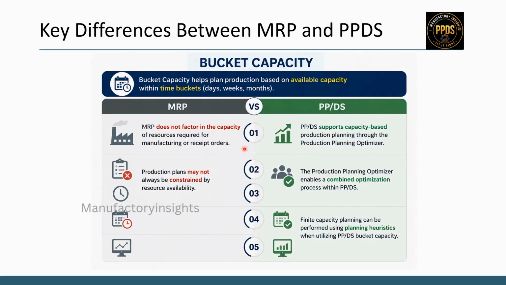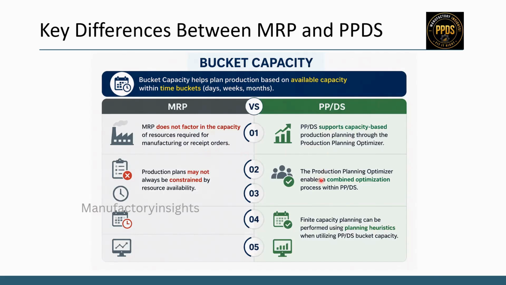Next, we will see bucket capacity. MRP does not consider the capacity of resources needed for manufacturing or handling receipt orders. For a capacity-based production plan, PPDS can assist through the production planning optimizer.